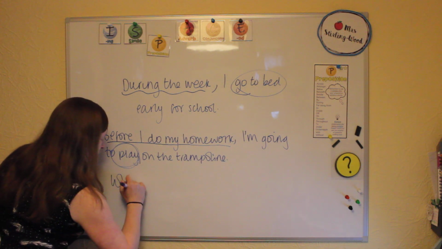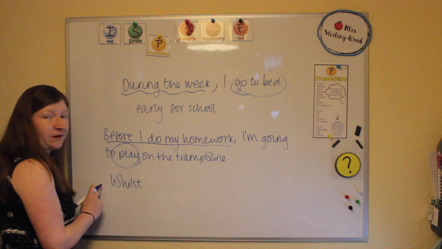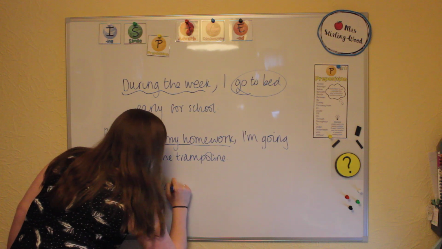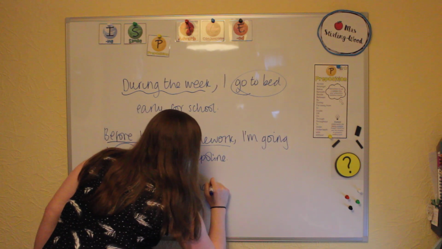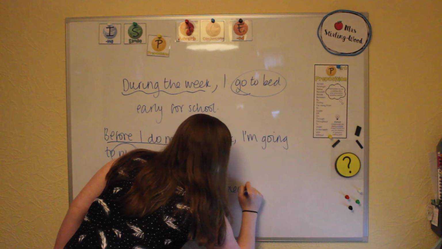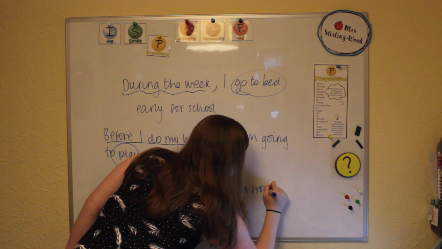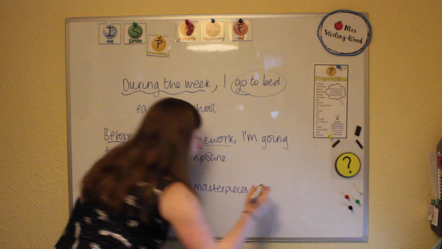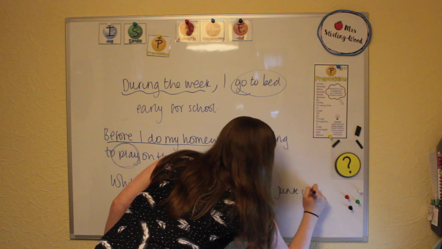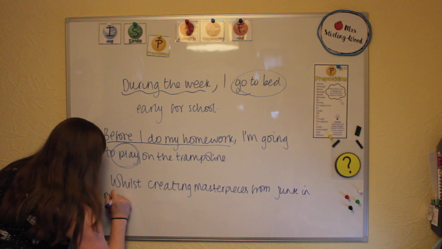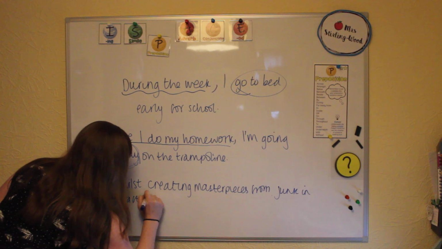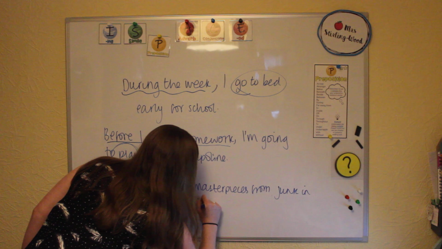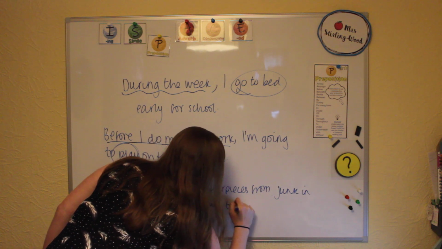This sentence shows two actions happening simultaneously, so at the same time. Whilst creating masterpieces from junk, and I spelled junk wrong, from junk in my craft box, I love listening to music.